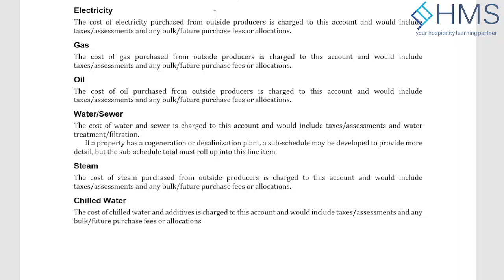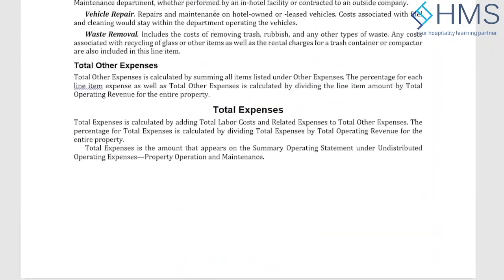If you are buying gas, not for cooking but for other purposes, then the cost will go into the gas. You are buying generator oil, or anything else for heating the property, then the cost will go into this line. The water sewage, if you buy, the cost of clearing the water, clearing the sewage is the waste removal expense in the maintenance line that we saw earlier.